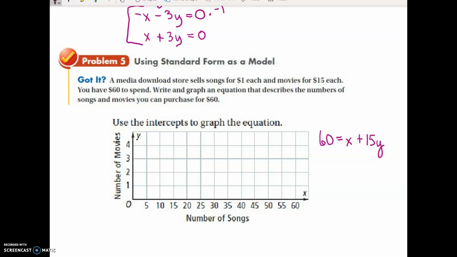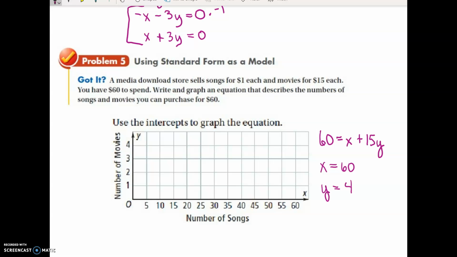Notice it's in standard form, and I'm going to want to solve for my x-intercept and my y-intercept for this graph. So if I plug in 0 for y, I'm just going to be left with x is 60. And if I plug in 0 for x, I would just need to divide 60 by 15. So that would leave me with y is 4.